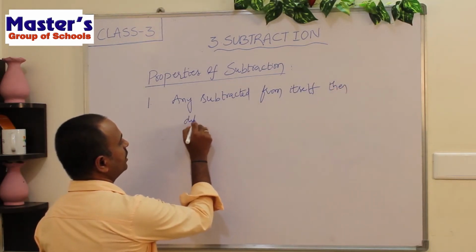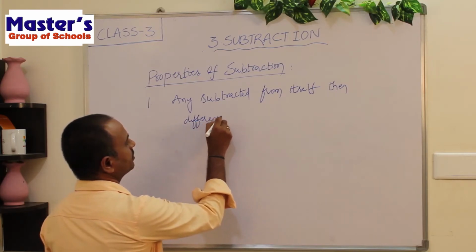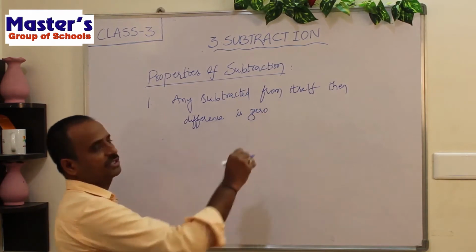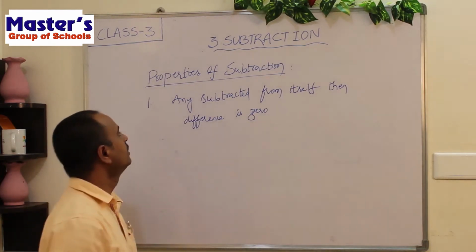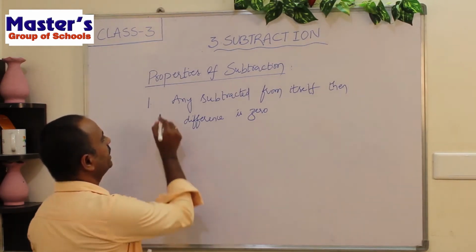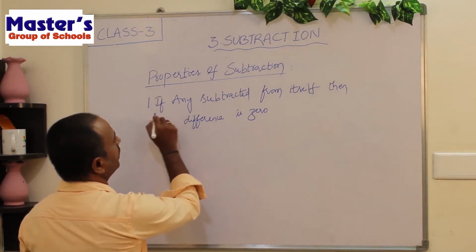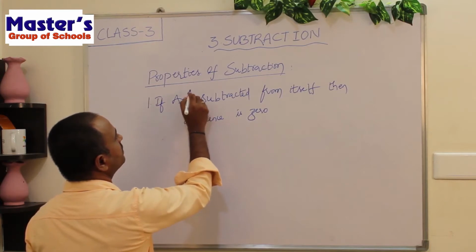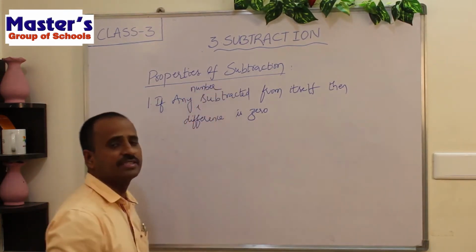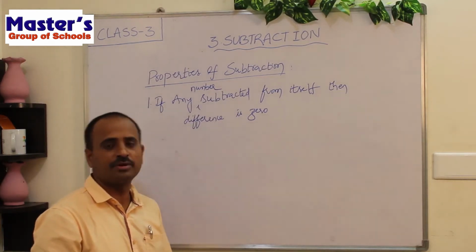The difference becomes 0. So this is the first subtractional fact, the first property of subtraction. If any number is subtracted from itself, the difference is 0. That means the answer becomes 0.